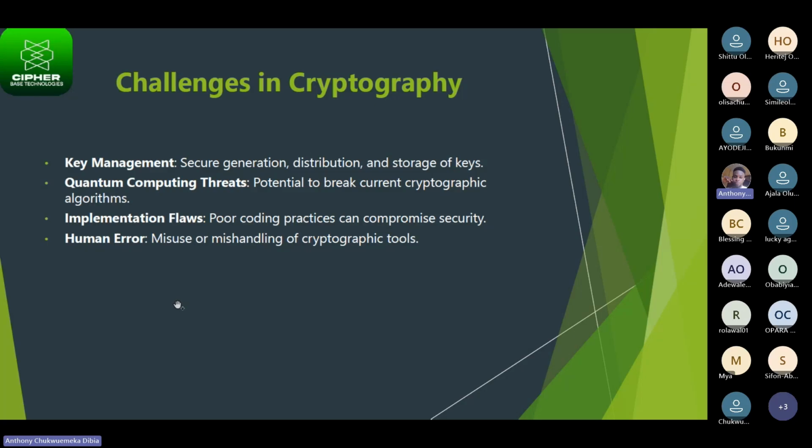Then we have human error also, misuse or mishandling of cryptographic tools. Misusing the cryptographic tools is also part of the challenges. Instead of pressing something, you can mistakenly do something else. And if you forget what you've done, it might be bye-bye to your file.